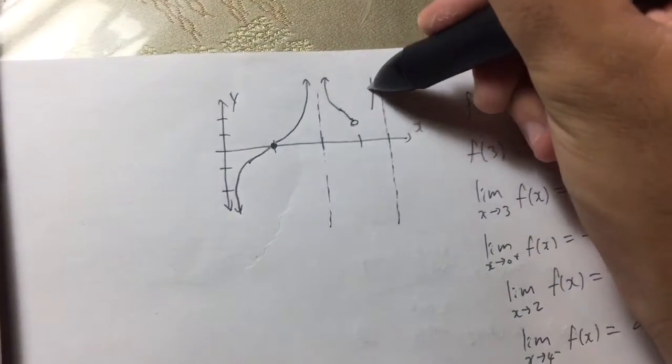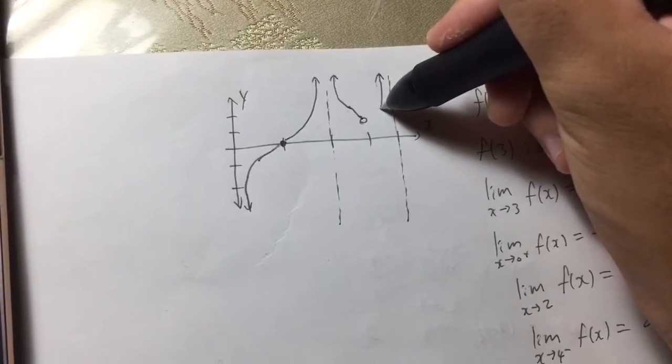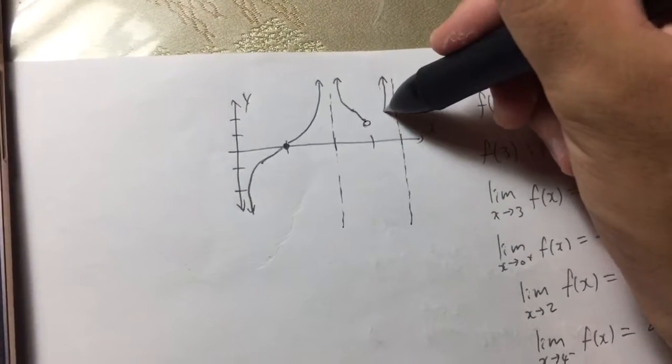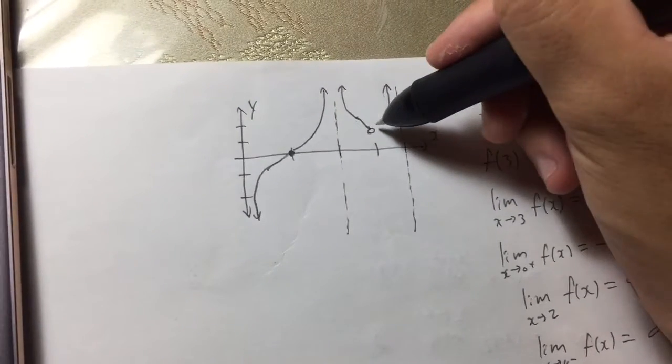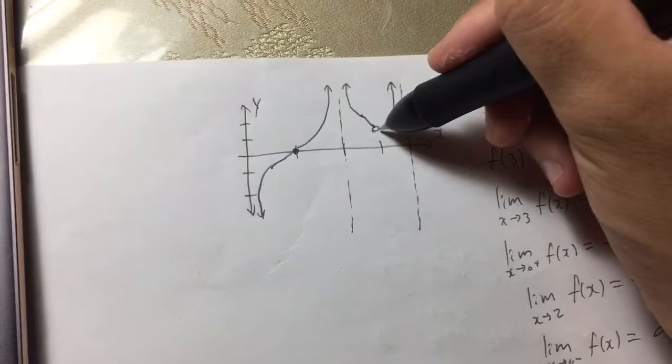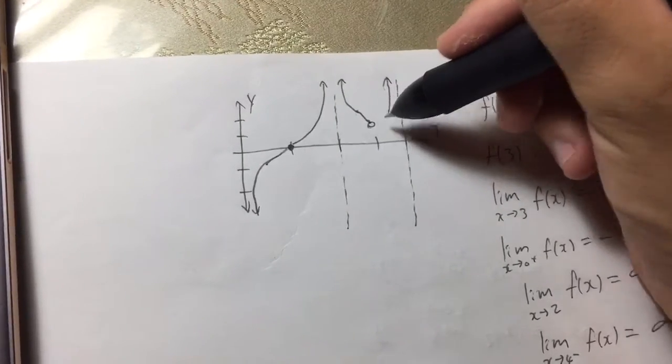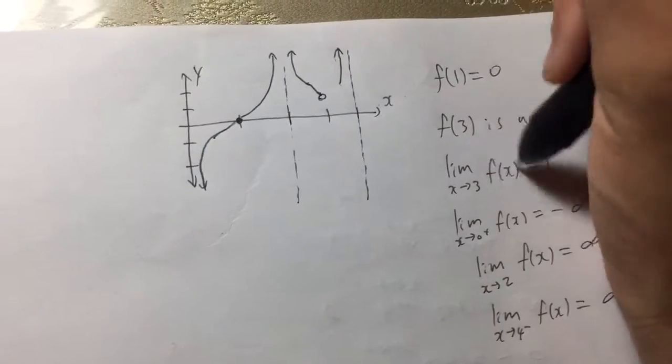So it's something like this. We are not exactly sure what happens over here, but we know that as it approaches x equals 3, f of x will approach 1, which we can see by this condition.